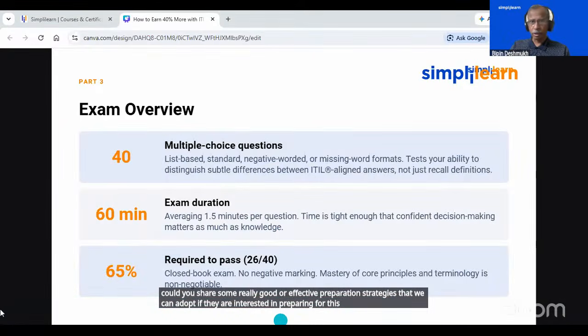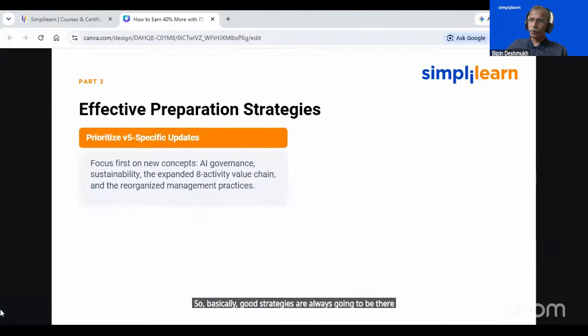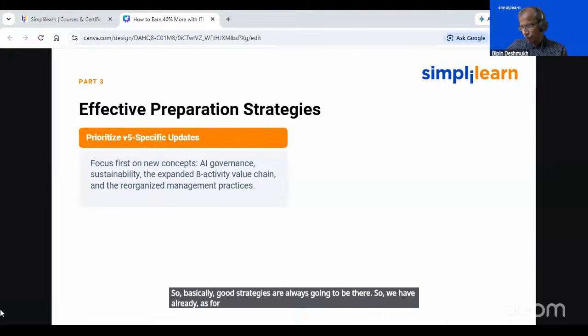So basically, good strategies are always going to be there. As far as Simplilearn is concerned, we have already created a cheat sheet, which enables you to do end-to-end revision and end-to-end conceptualization of Foundation version 5, and so on.